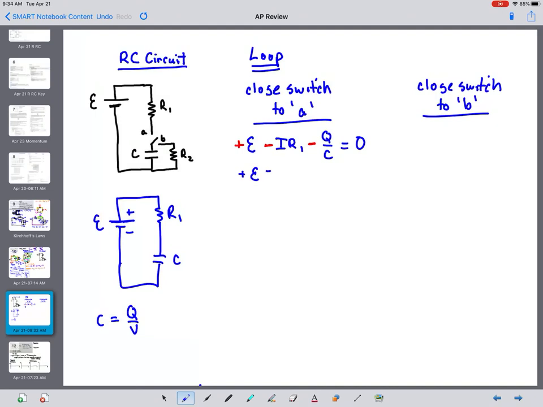Positive EMF minus, when we put that resistor and that capacitor in there, you are spreading the charging of the capacitor out over time, which means the current is changing. So I'm going to replace the I by dq/dt, and instead of capital Q, which is typically total charge, I'm going to write a small q. And this is your differential equation.